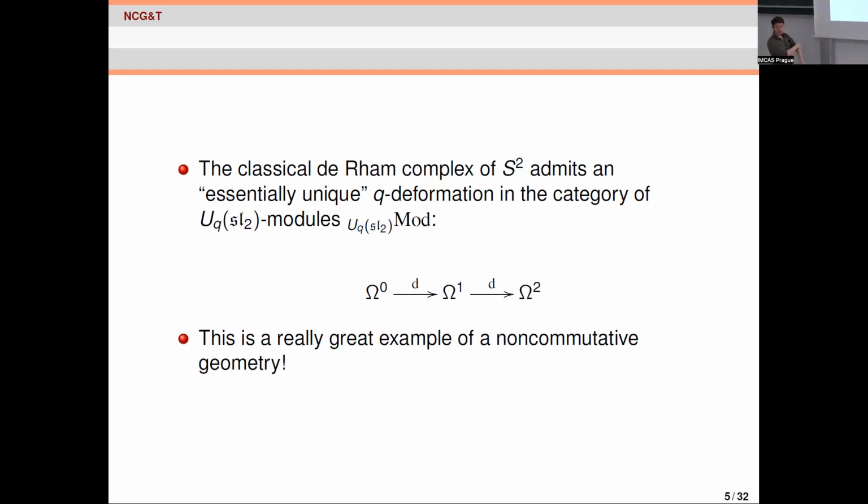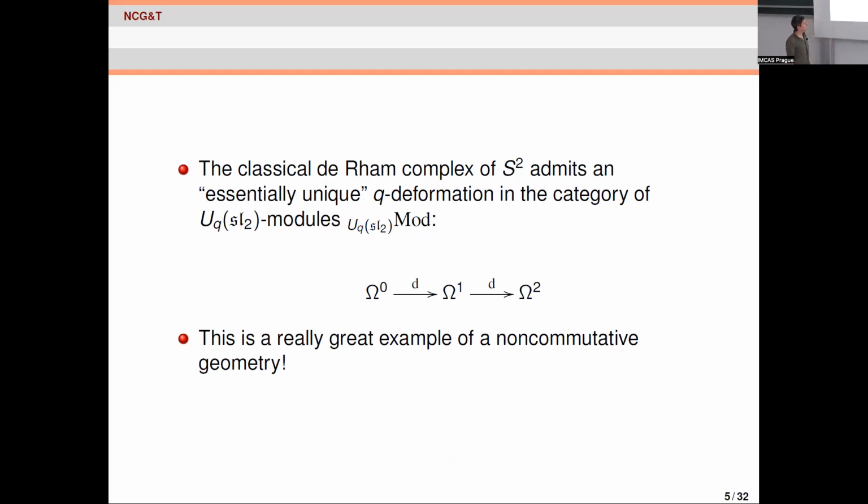If you want everything to still respect the symmetry, you want this to happen inside the category of U_q(sl_2) modules, then this makes it essentially unique. I could give you the criteria for the uniqueness that actually completely defines it, but just take away this idea that once you put the symmetry on it and you want to have the correct length of the de Rham complex, then everything is unique. There's only one of them.